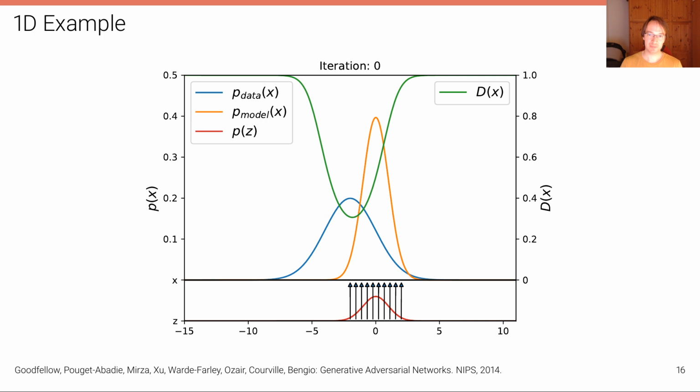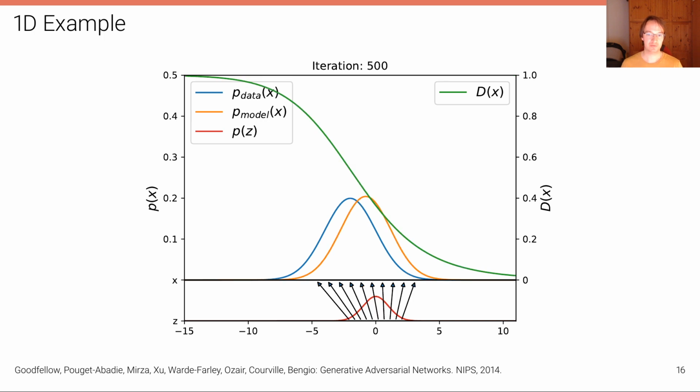Now what's happening when I run this model for 500 iterations is that both the model distribution and the discriminator get updated. So what you can see here now is that these arrows have changed. They spread out because from a Gaussian with standard deviation 1, we have to go to a Gaussian here in blue with standard deviation 2.